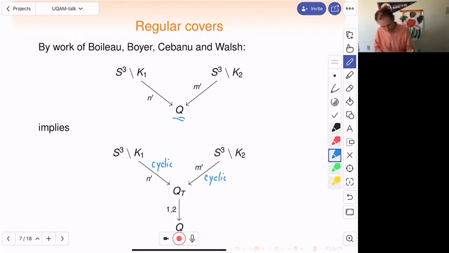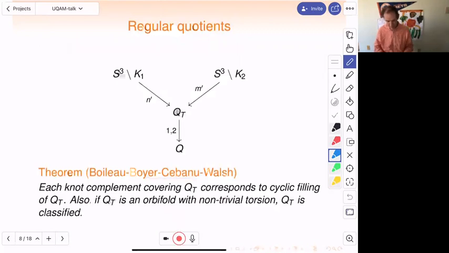And so you can go further, and in fact, what we can say is that each time we see a cover by a knot complement, Boileau, Boyer, Sabanu, and Walsh went through and worked out all the details to say that each time you see a cover of QT by a knot complement, you're going to see a cover corresponding to a cyclic filling of QT, right?